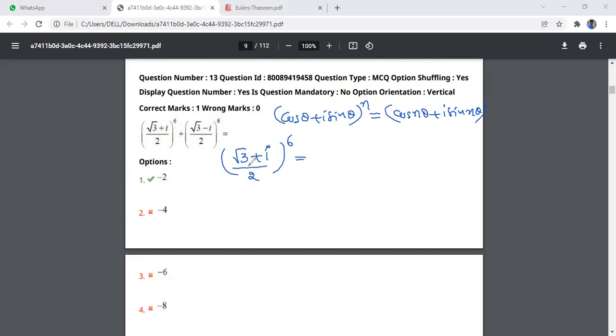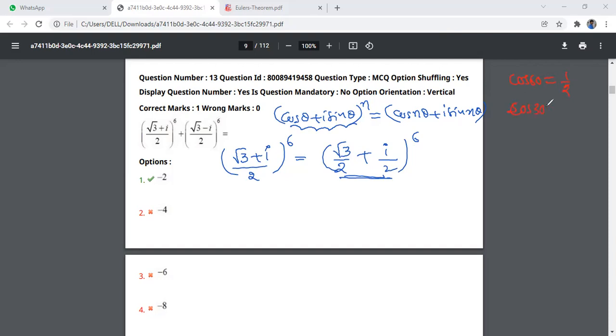That is equal to, if you write this denominator separately, root 3 by 2 plus i by 2 whole power 6. Now if you want to write this term in terms of cos and sin, the cos will become root 3 by 2. Cos 60 means 1 by 2.